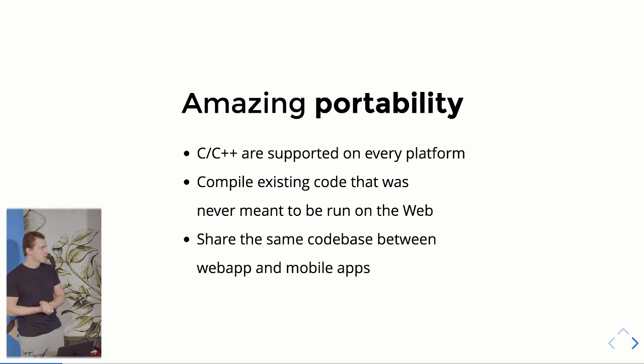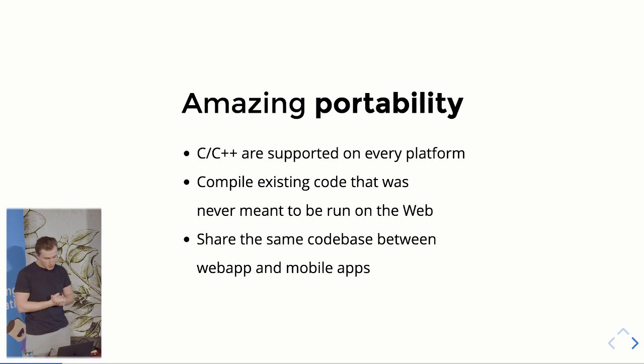The second greatest feature of WebAssembly is amazing portability. Because WebAssembly was designed to be a compilation target for different languages, it means that you can actually compile libraries and apps that were not meant to be run in a browser to the web.